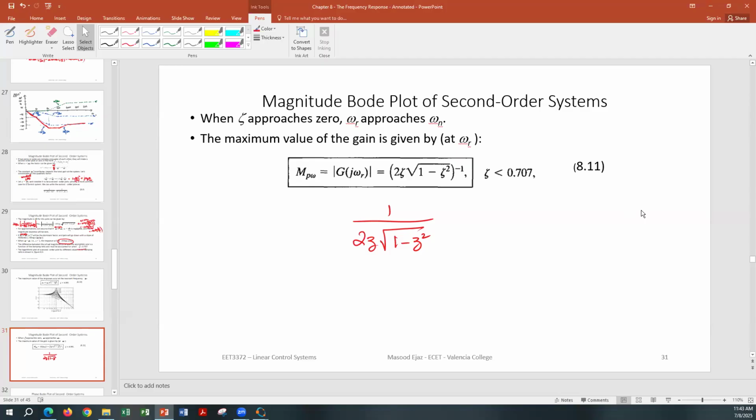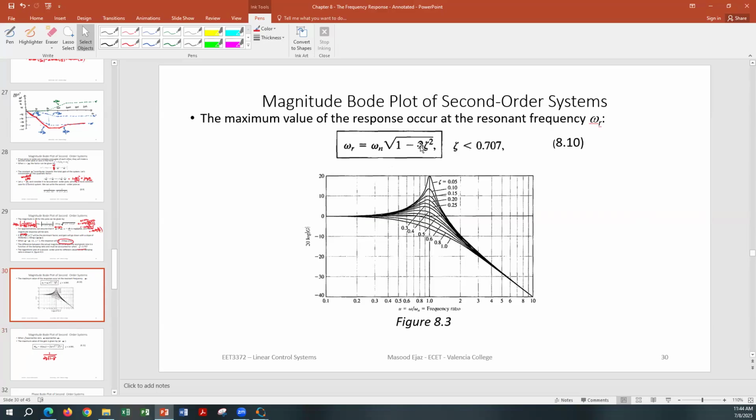If it is greater than 0.707, and 0.707 is 1 over square root of 2, so squared that's 1/2, that's 0.5 at 0.707. If it becomes greater, this is still going to be positive. But this value is coming from here, I'm assuming.